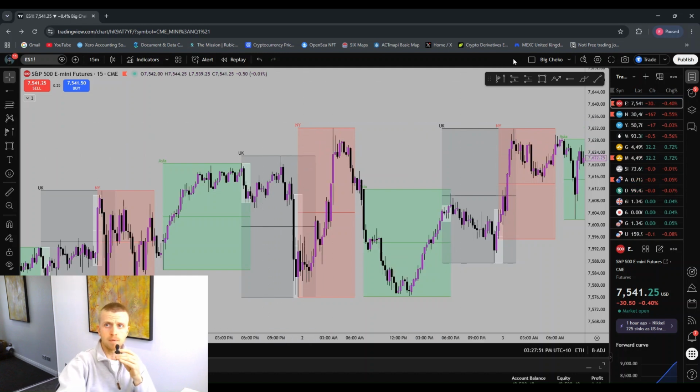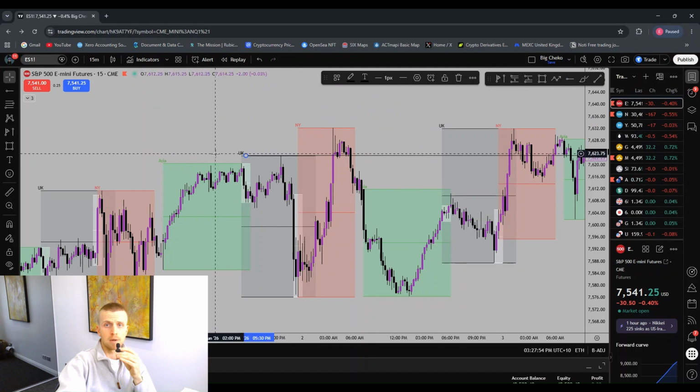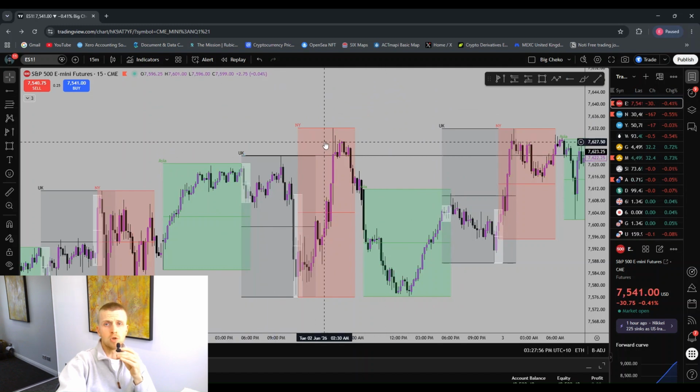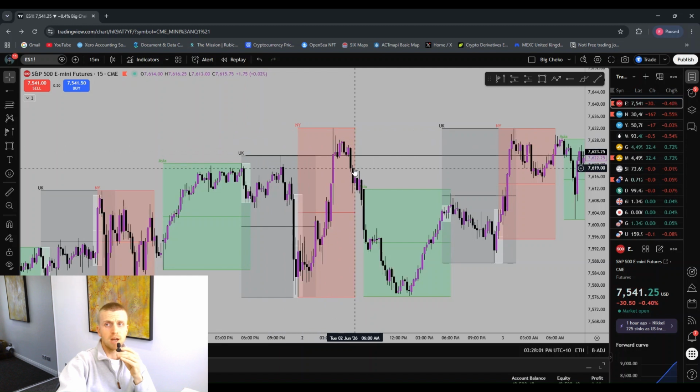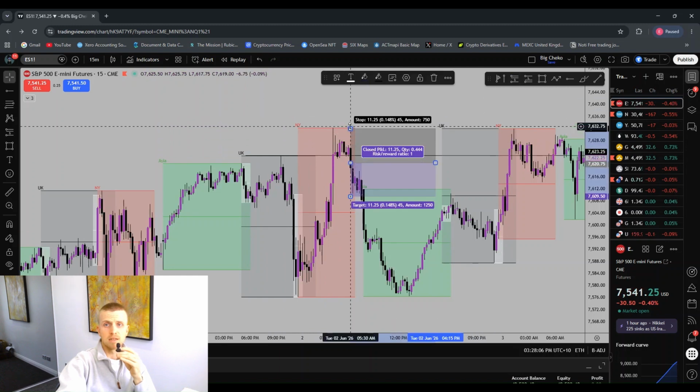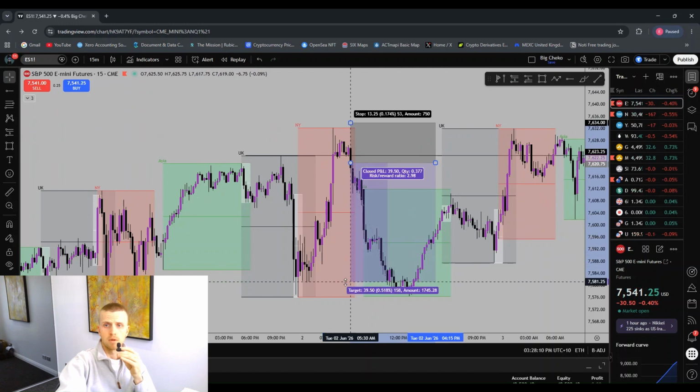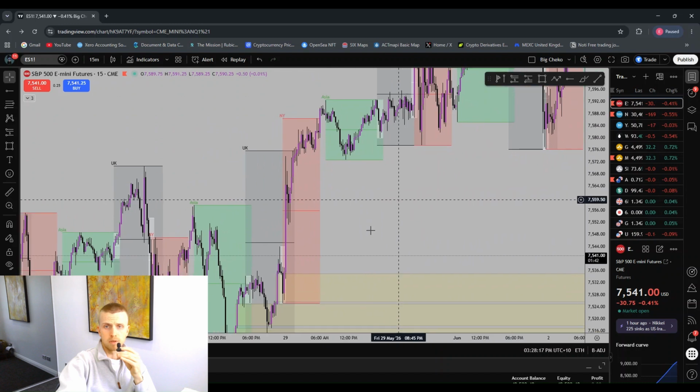Just like over here, we have London high. During New York, it sweeps London high, closes back below, and then takes out lower draws on liquidity. We could do it the opposite way.